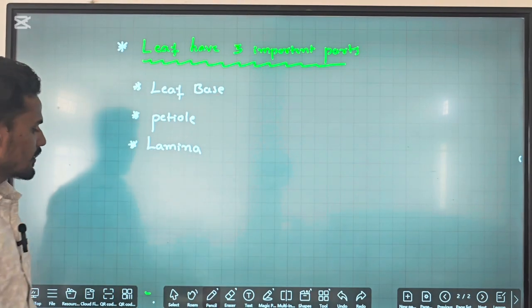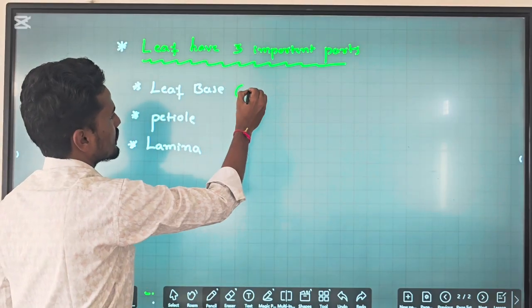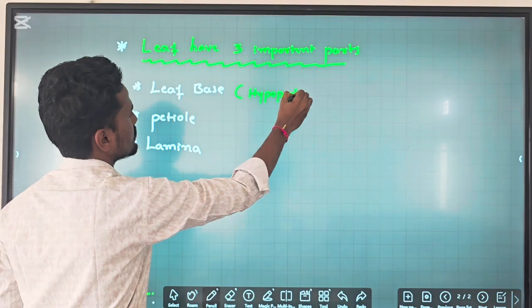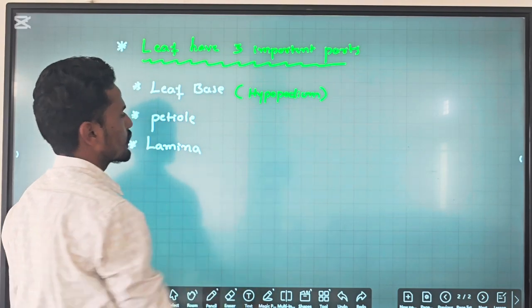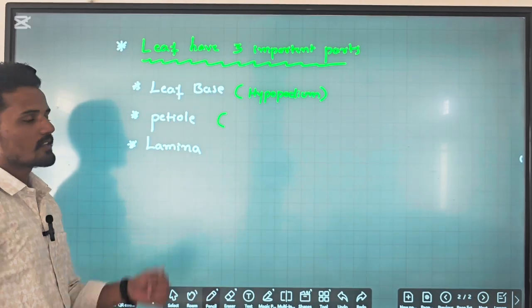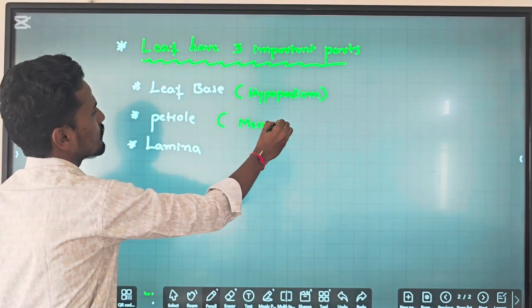In botanical terms, the leaf base is called hypopodium. Petiole is called mesopodium.